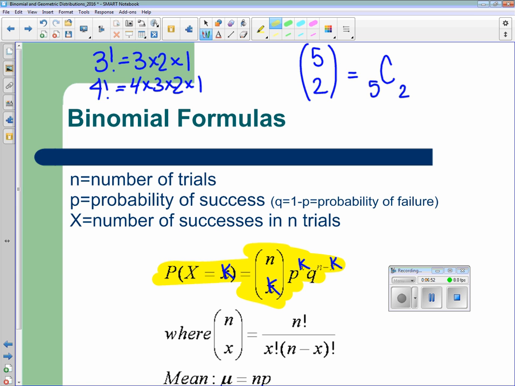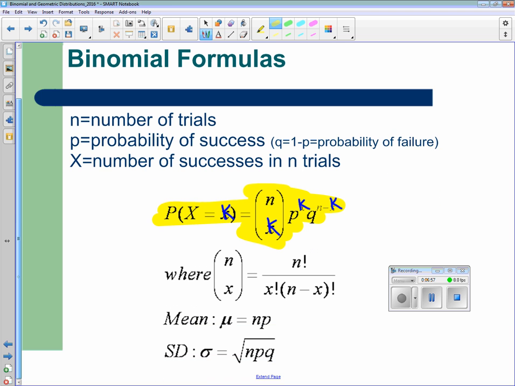The other 2 formulas that you'll see that are specific to a binomial are these down here at the bottom. They are the mean and the standard deviation formulas. They should also be on your formula sheet. Do they use Q? I don't think they use Q on your formula sheet. What's different about your formula sheet versus what you see here?